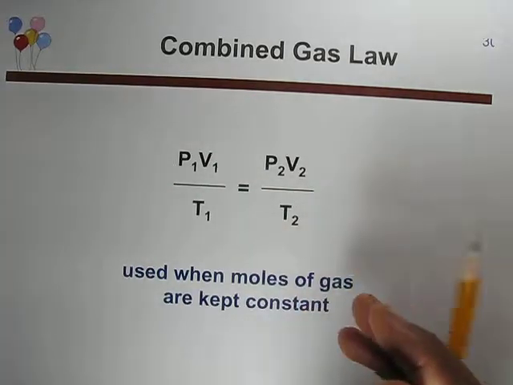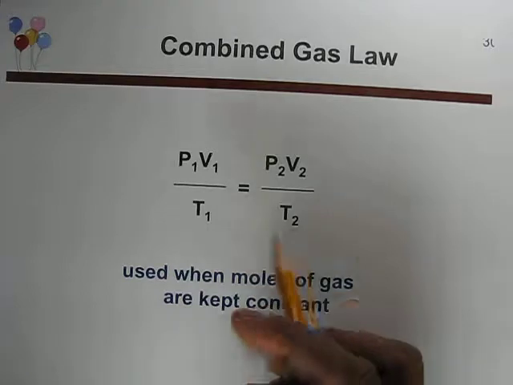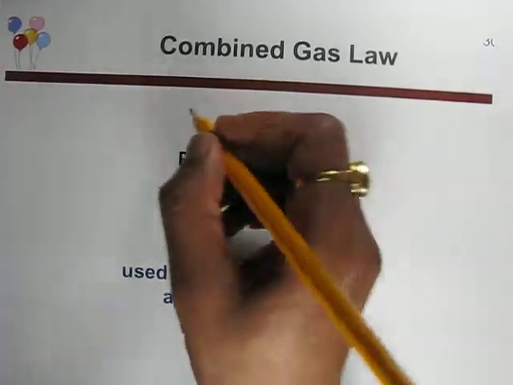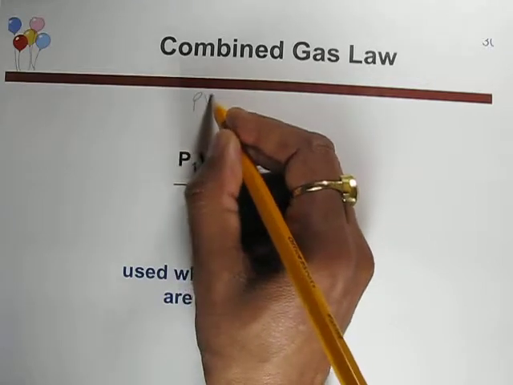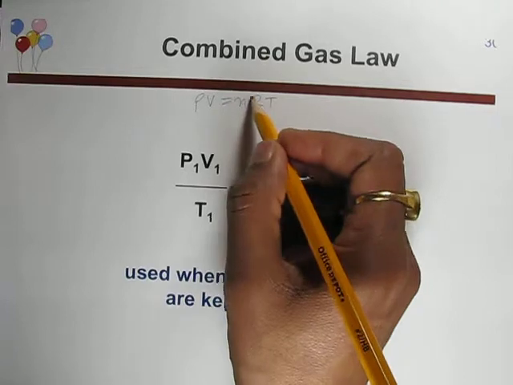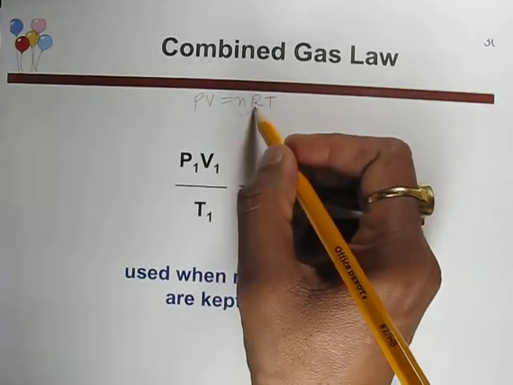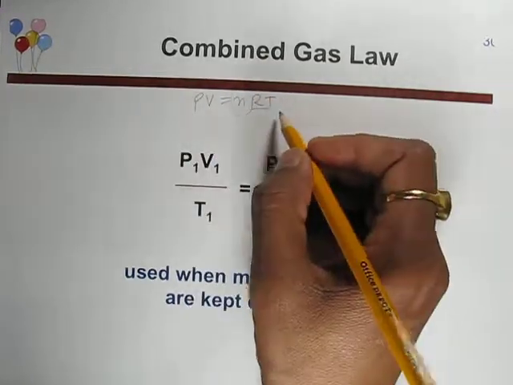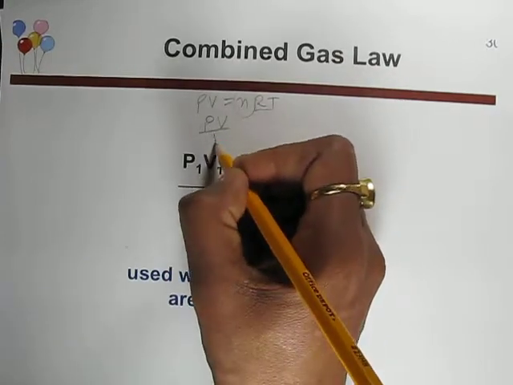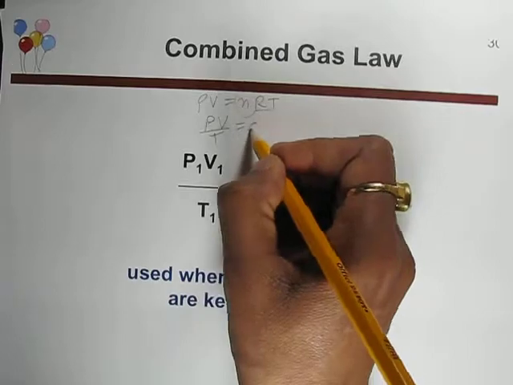So if the amount of gas is constant, R will always remain constant. For example, PV is equal to nRT, and if the amount is constant, R is already constant, so PV over T is equal to constant.